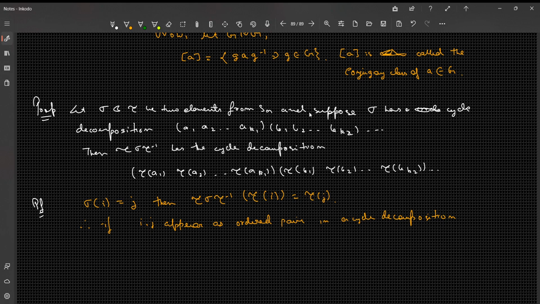or I should reframe the sentence, because since we are talking about a cycle decomposition, I should not mention an ordered pair inside it.